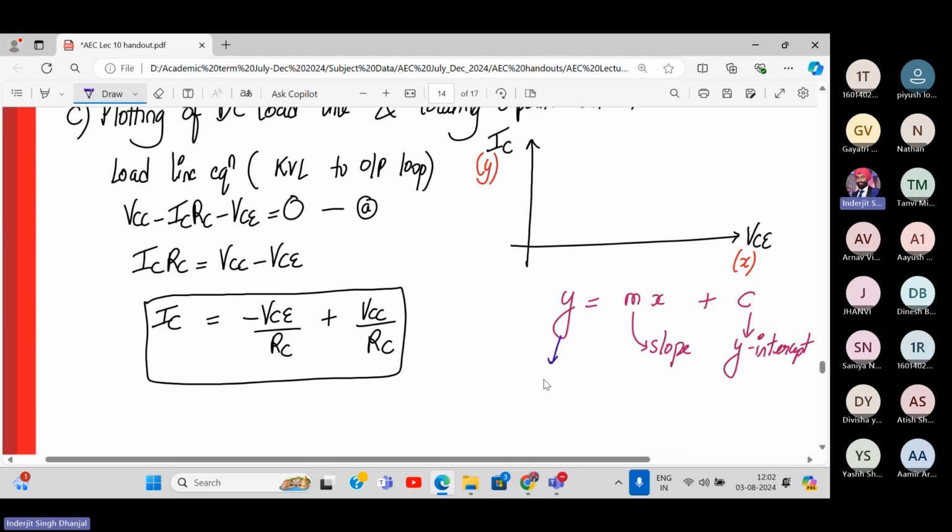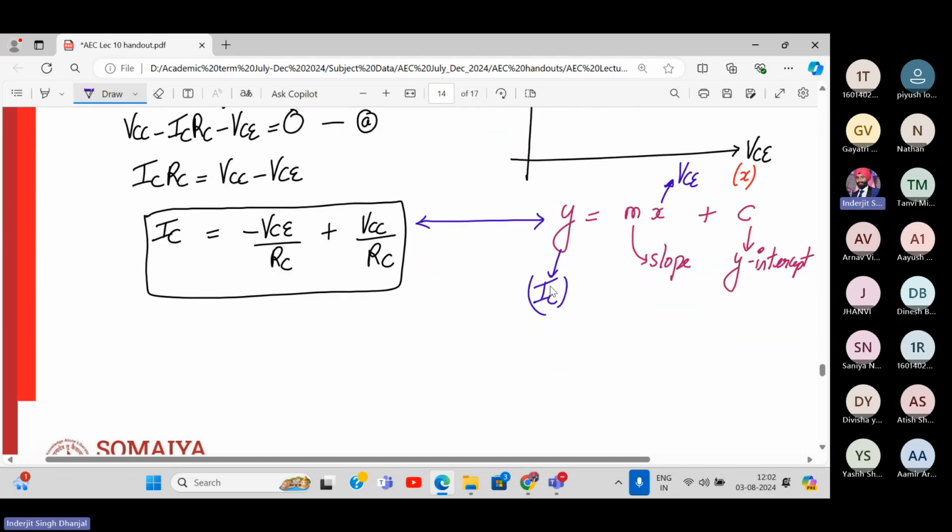In our case, y is IC. Yes or no? What is x? VC. So can you correlate these two equations and tell me what is m? This is y. This is x. What is m?